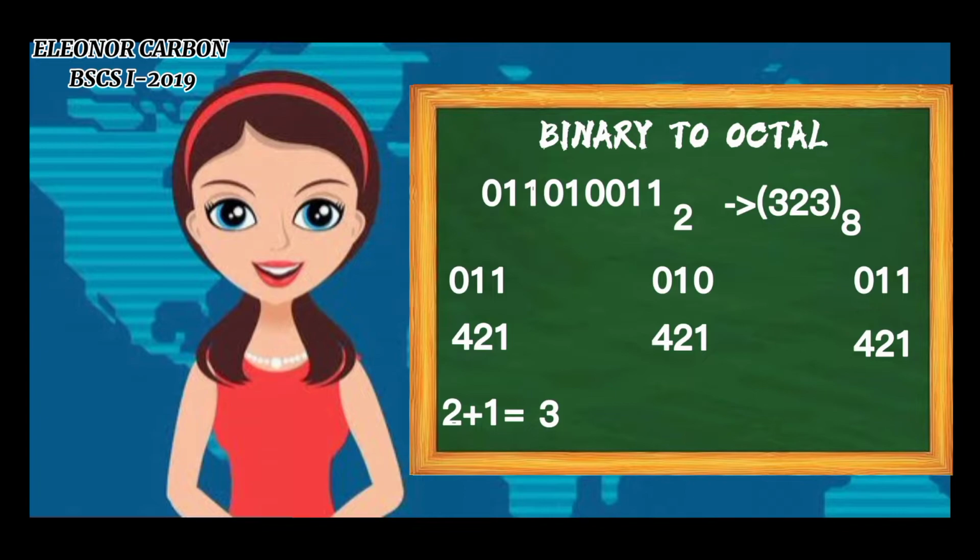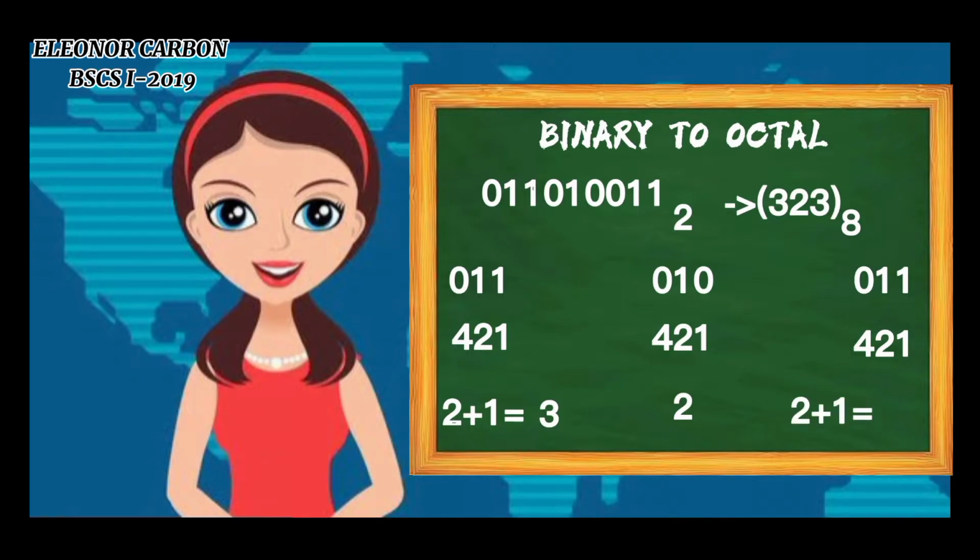Then, next is 2. Why? Because we use multiplication. 0 times 4 is equals to 0. 0 times 1 is equals to 0. So, yung natira na lang is yung 1 and 2. So, if we multiply it, 1 times 2, so, it is equals to 2. Okay.